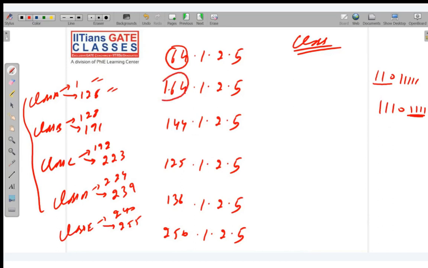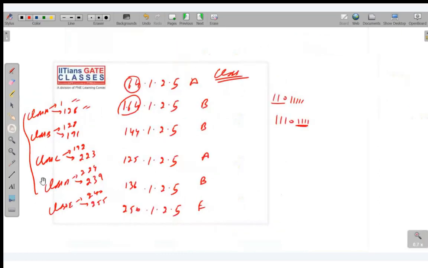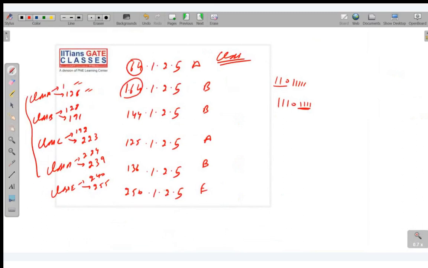64 is class A. 164 is between what? This is class B. 144 is again class B. 125 is class A. 136 class B. 250 is class E. Okay. So I have not given for class C. So let me give you 200.1.2.5.